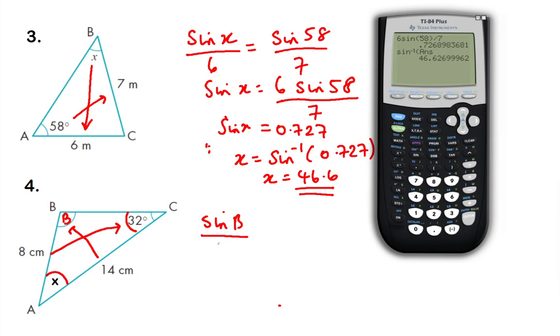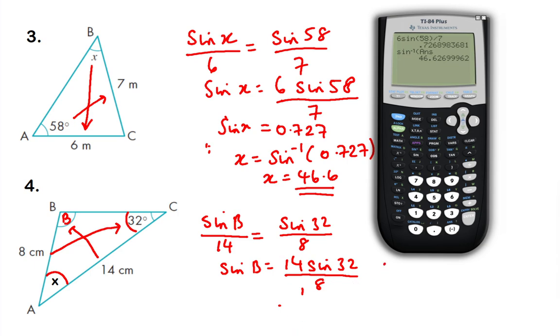So sine of B over 14 is sine of 32 over 8. So take the 14 to the other side. So let's just work out what B is then straight away.